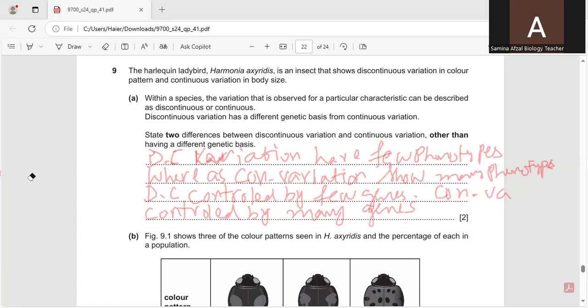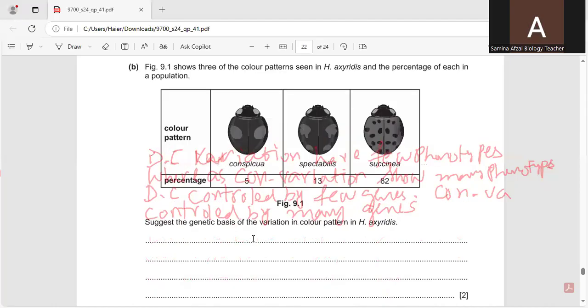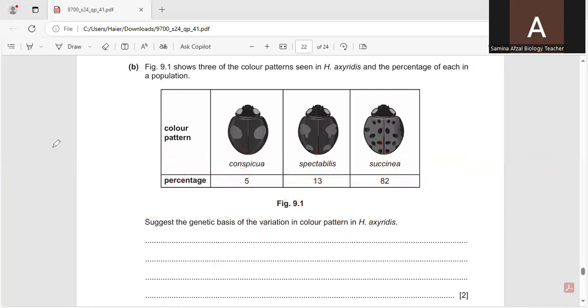Next question is 9.1. It shows three ladybird patterns seen in Harmonia axyridis and the percentage of each in a population.